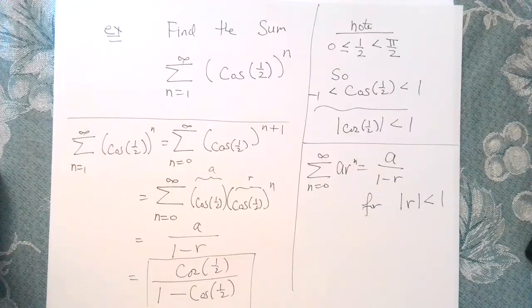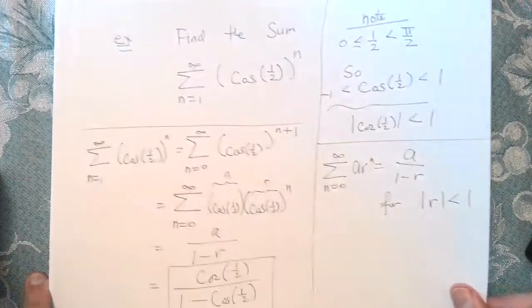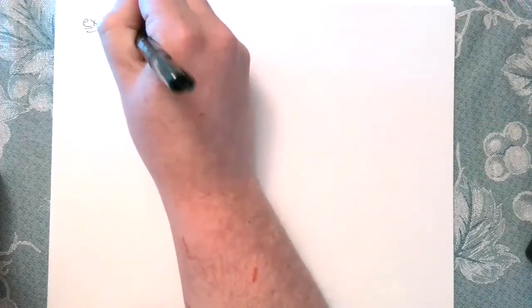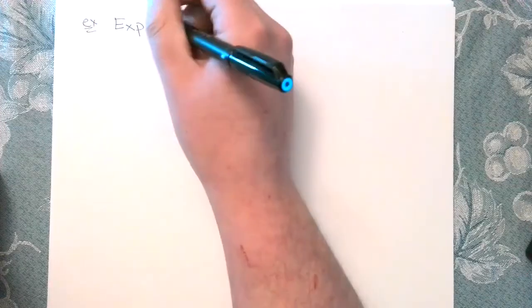The next thing we can do, which is quite interesting, is that we can express a repeating decimal as a ratio of two integers. So let's actually try that. Let's see how a geometric series can be helpful here.